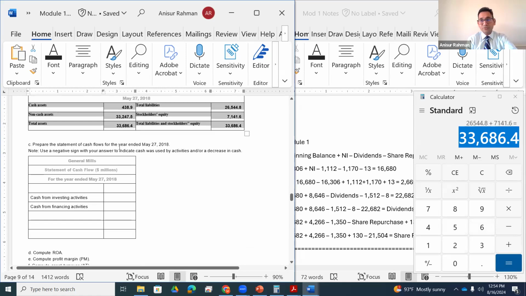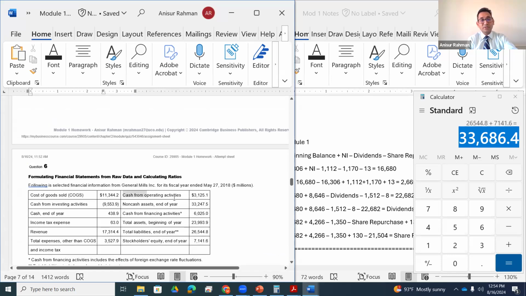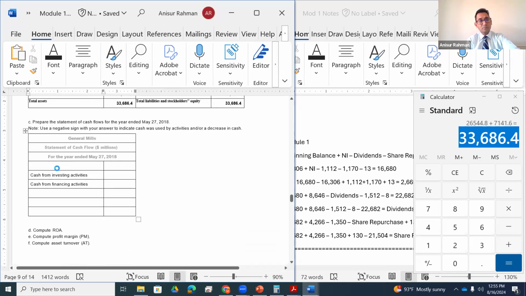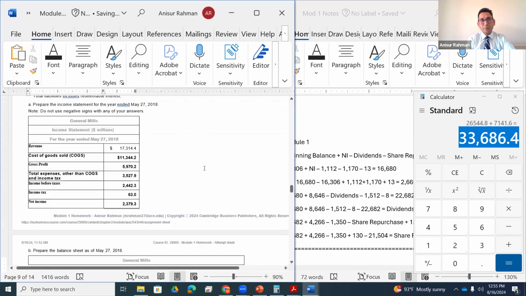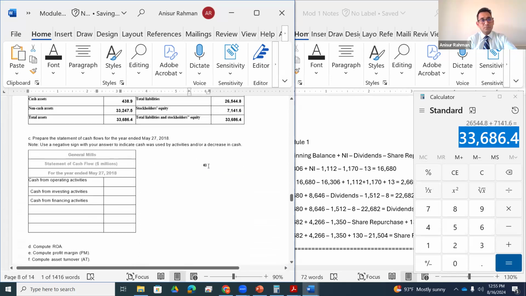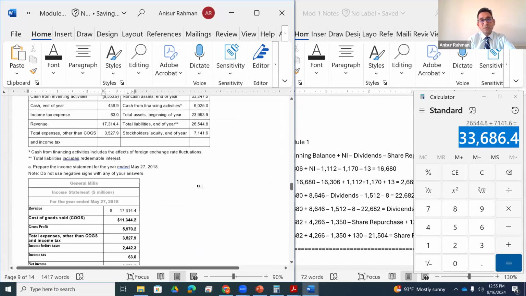Now, cash flows. So for cash flows, we have an empty row here. We have investing, we have financing. So we know we are missing operating activities. So let's see. Cash from operating activities. Our cash from operating activities is... cash from investing activities.